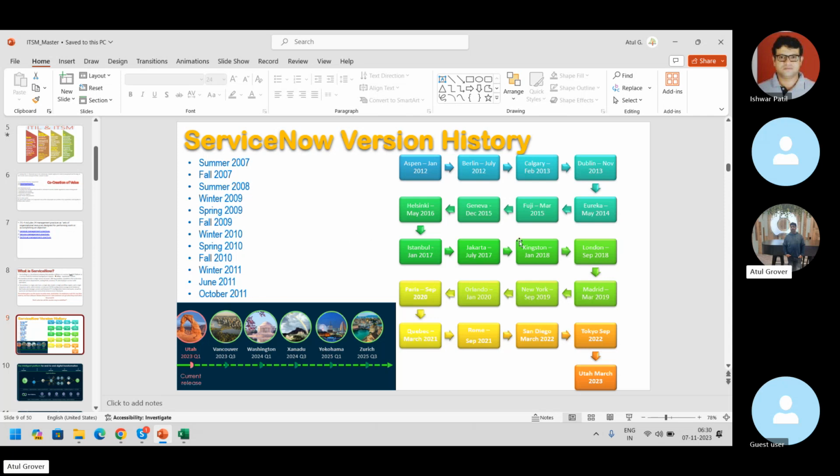From 1 module, 2 modules, they have reached hundreds of modules, hundreds of products now. And I know people who have worked since 2012 as well. I had a podcast with a guy who started his journey in 2012 from Aspen. I know people who have been working for more than 10, 12, 13 years in this domain.